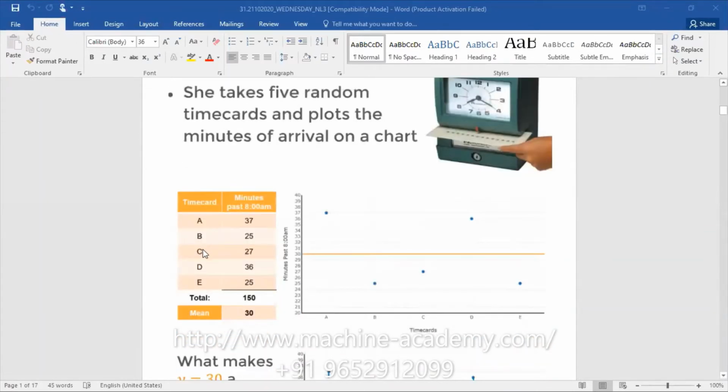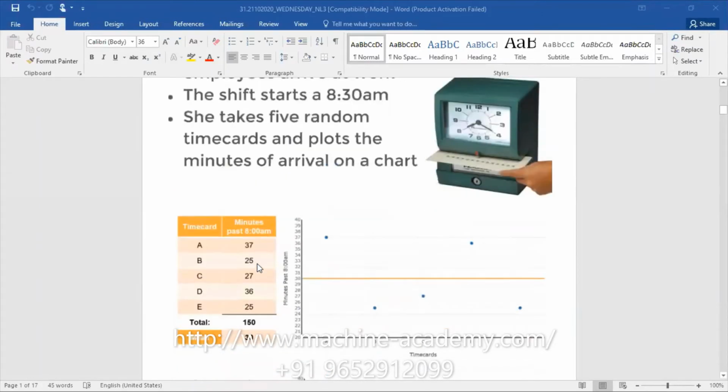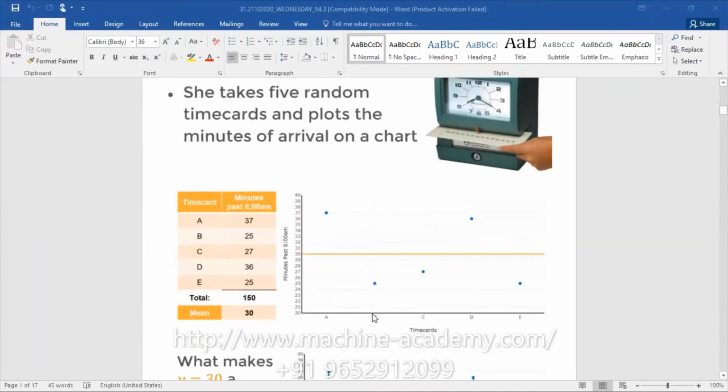Whenever we take a random observation, these are the names A, B, C, D, E, and the minutes after 8. A is coming at 37 minutes. What is the exact time? 8:30 a.m. Okay, 37, 25, 27, 36, 35. These are the points. A point is 36. Did you get it? X and Y. Observe the X and Y here.